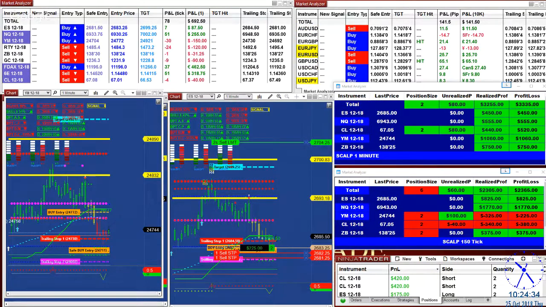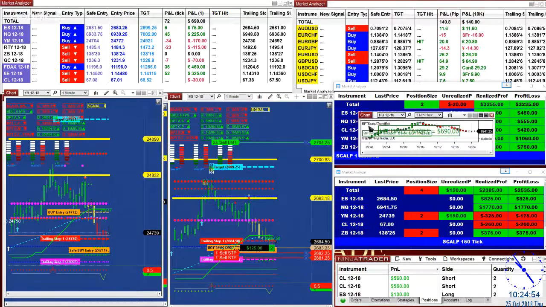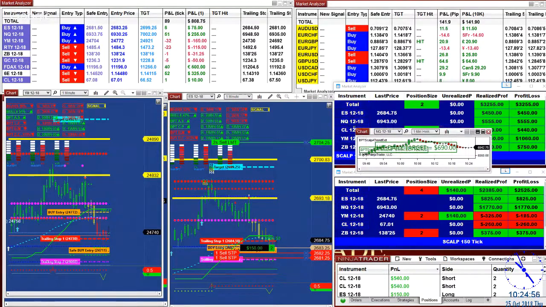While we're waiting on a new signal, I want to cover the difference on the swing trading between the filter and non-filter. There is not much difference because it's a light filter actually, and we're going to start with the Nasdaq 1 minute.